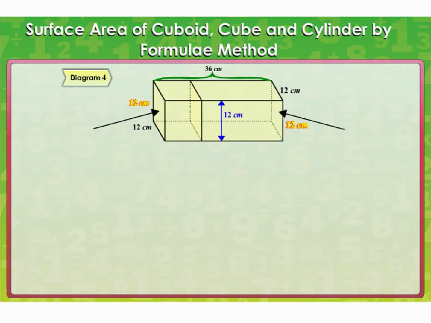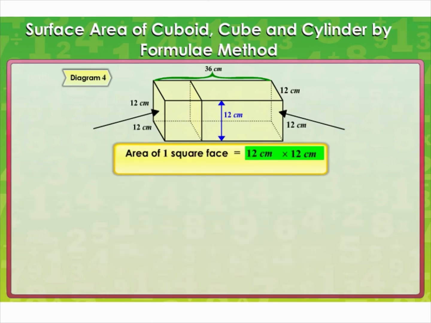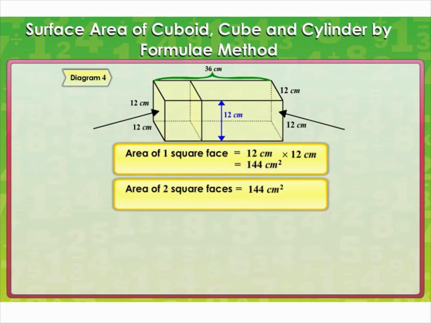The area of each square face is 12 centimeters times 12 centimeters. That gives 144 square centimeters. Now multiply 144 square centimeters by 2. The area of these 2 faces is 288 square centimeters.